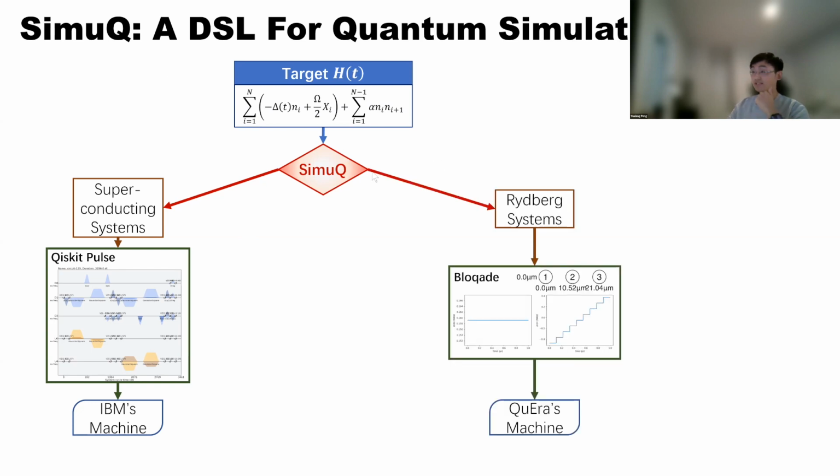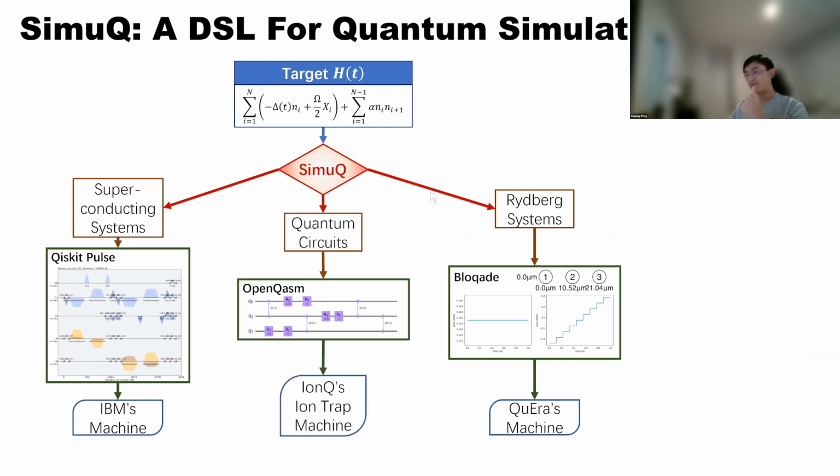You can also ask SimuQ to produce a Rydberg systems result, and it will generate a Bloqade program, including the positions of atoms and the pulses to send to the laser tuners. This program can also be directly sent to the QuEra machine to simulate the Hamiltonian described here.